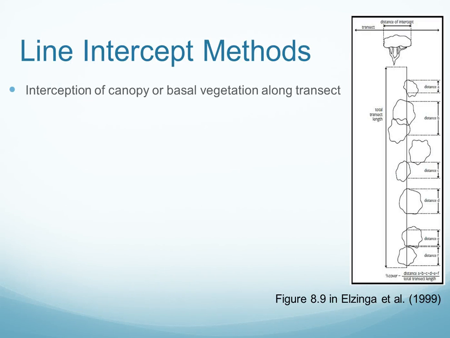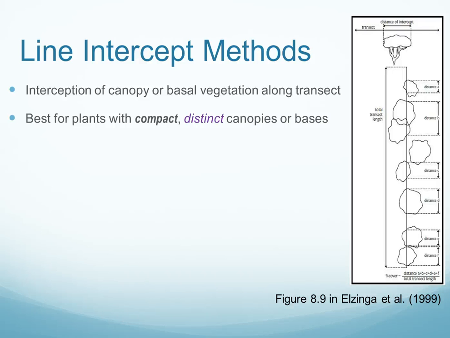Now let's move on to line intercept methods. In this case, we are looking at the interception of canopy or basal vegetation along transects. Line intercept is best used when we have compact and very distinct plant canopies or plant bases.